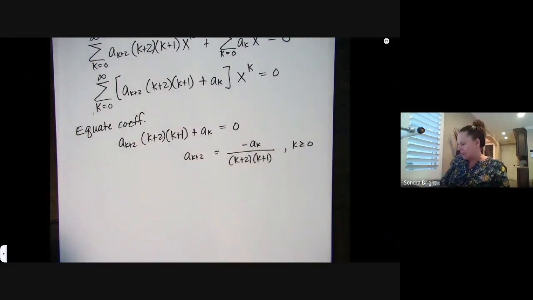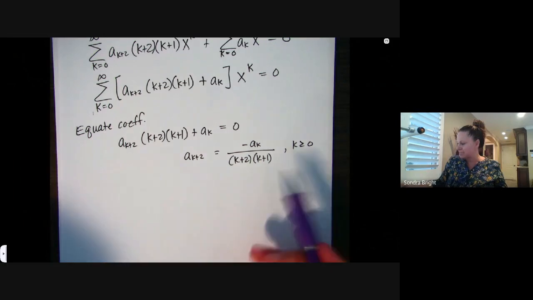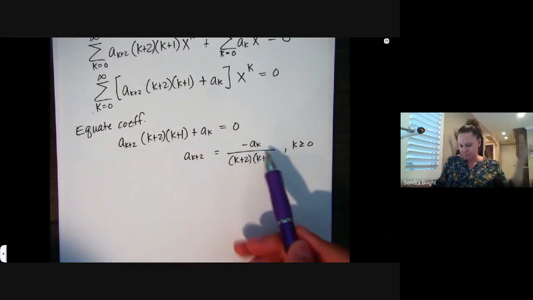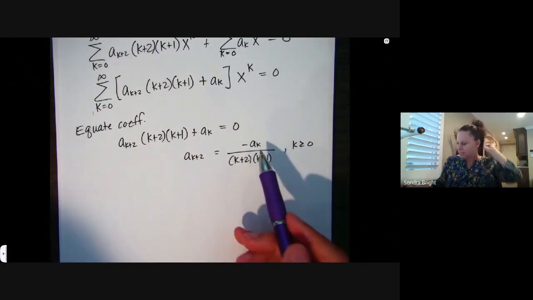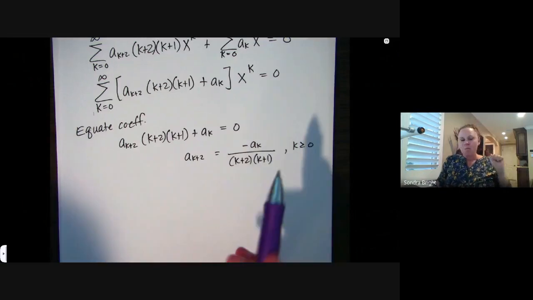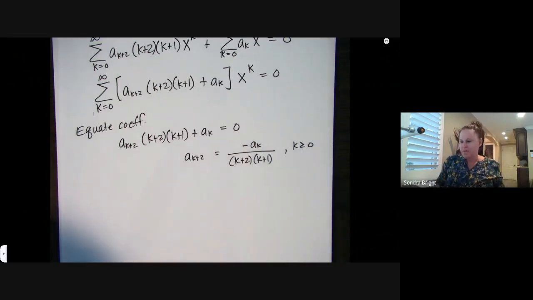All right, now we're going to be able to define each of these a sub k's in terms of the earlier a sub k's. We're going to be able to rewrite them. Most of the time, not always, but most of the time, the even k's are going to be different than the odd k's when you plug them in.